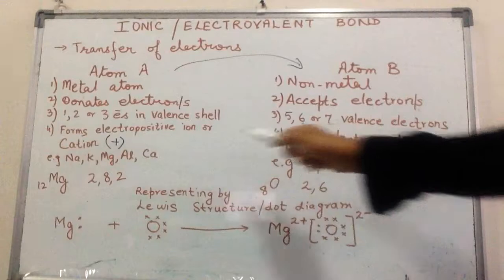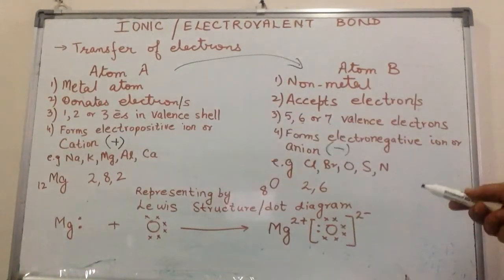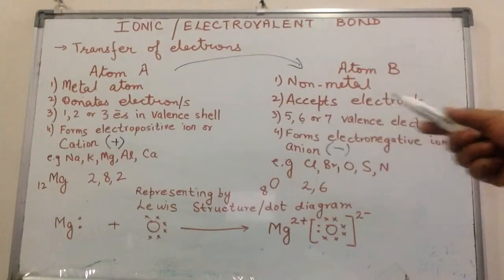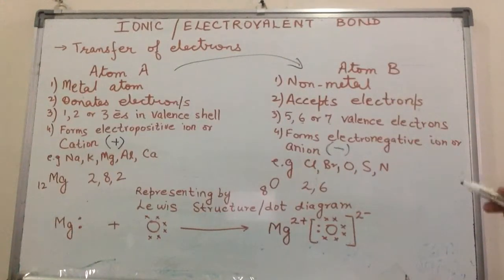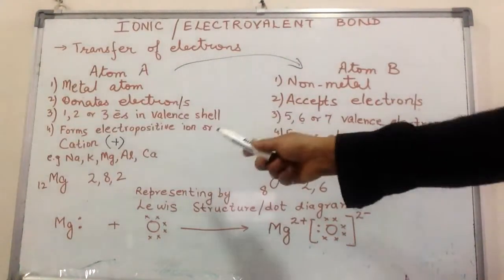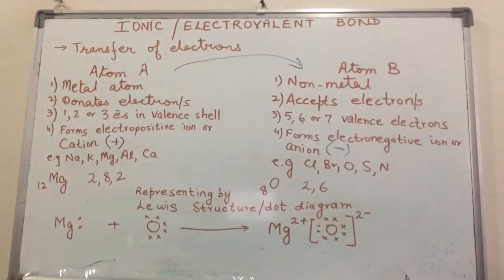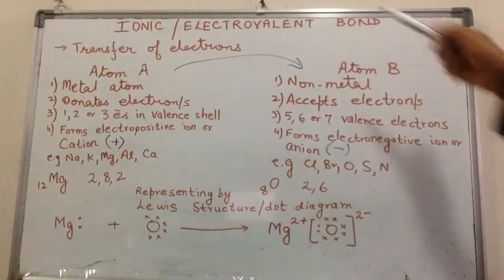Because now these atoms turn into oppositely charged ions, we know that opposite charges in nature always attract each other. And this is what holds the two atoms close to each other, resulting in the formation of what we call the ionic bond or the electrovalent bond.